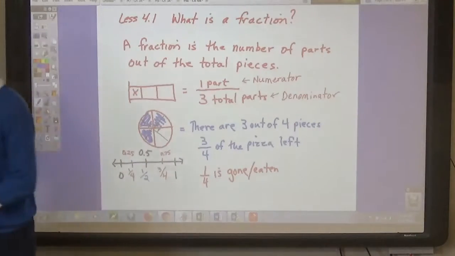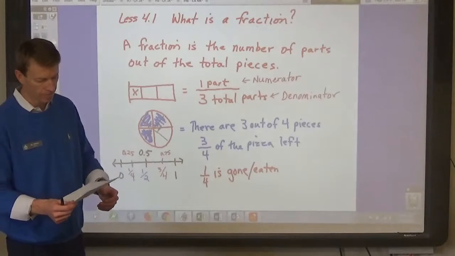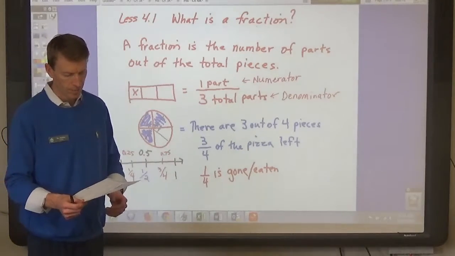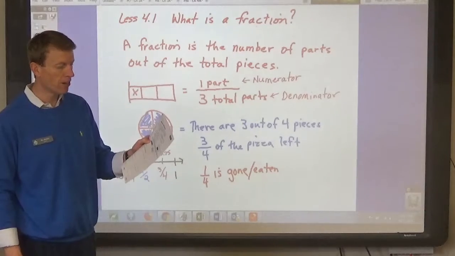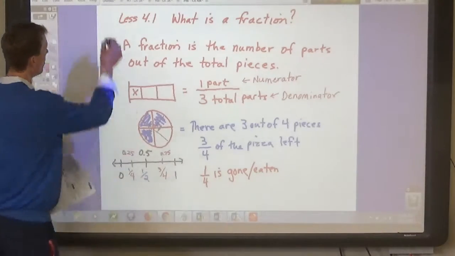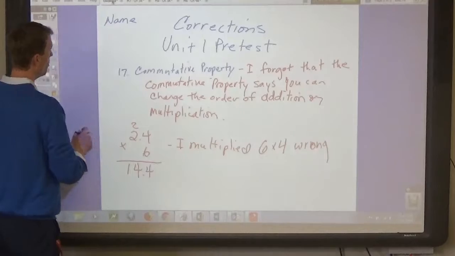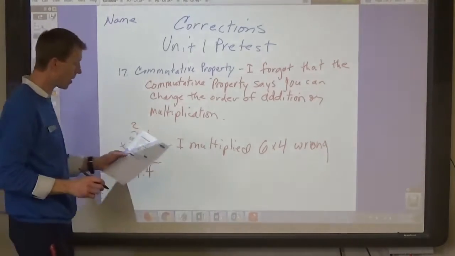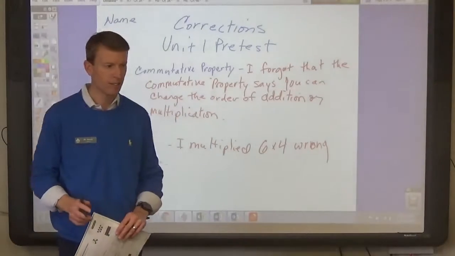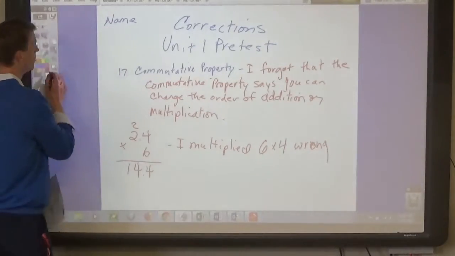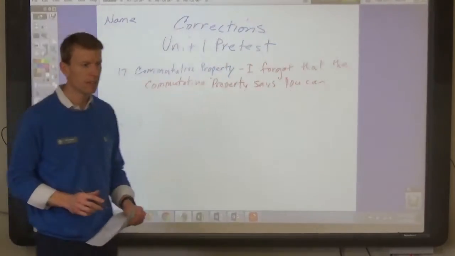Now, let's go to the worksheet. It says to write a fraction of the shaded part. So, number 1, how many are shaded? Thomas? 5 out of 6.